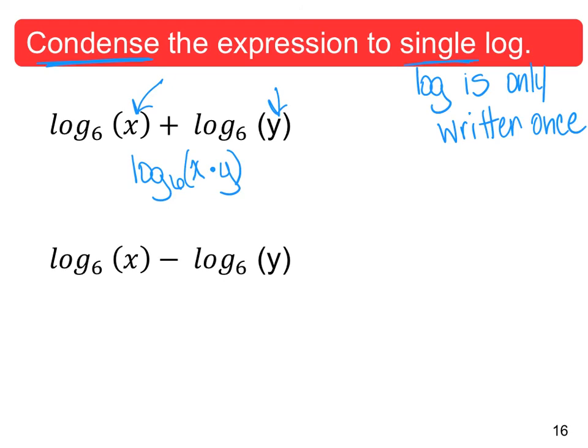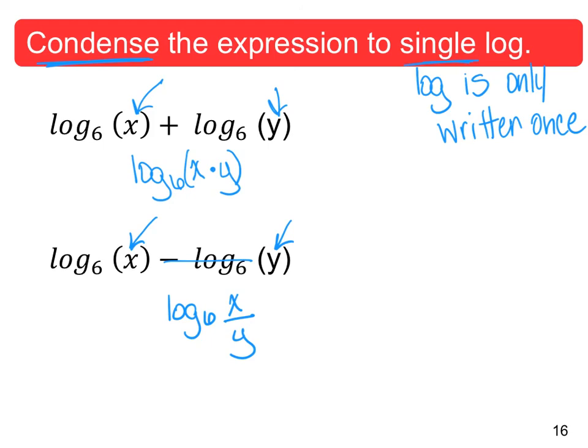We're going to do that again, but we're dividing. So I have log base 6 of x over y. So this x is divided by this y, and I only write log base 6 once.